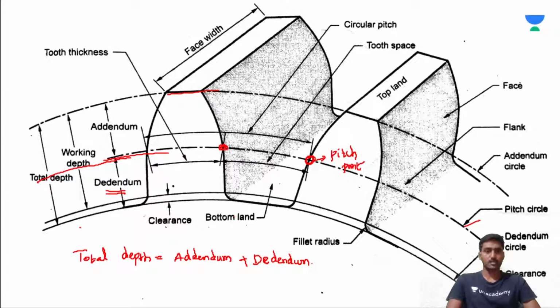Addendum plus dedendum is the total depth. And coming to this point, it belongs to the working depth.